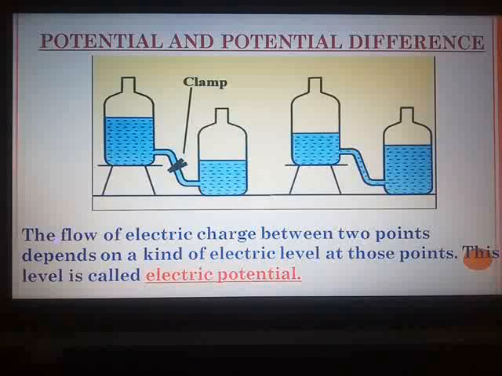So taking this example, we come to know what is electric potential, and in simple words, if you have to define electric potential, it is nothing but the electric level at a particular point.